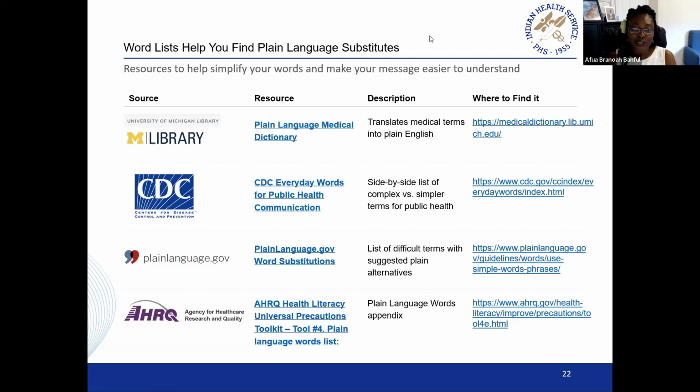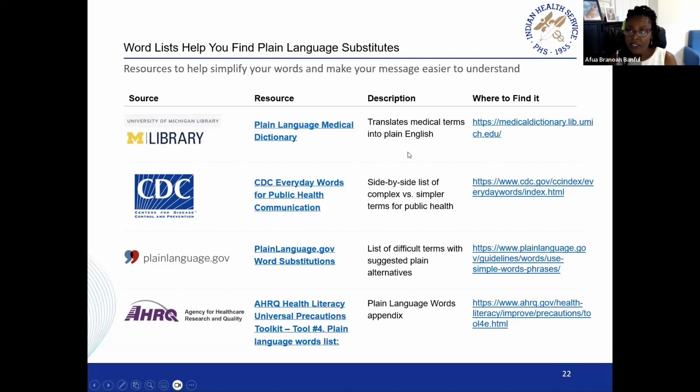Part of the exercise you'll do next week is to see which one of these, and maybe others that you have found, are your favorites. They have difficult terms, and then they have suggested plain alternatives. And then, of course, the AHRQ Health Literacy Universal Precautions Toolkit itself has a plain language words appendix. Let me ask if there are any other resources that you have used for word substitution that would be good for others to know of.